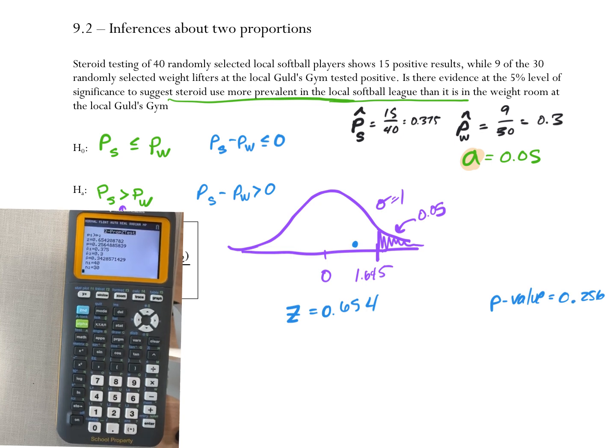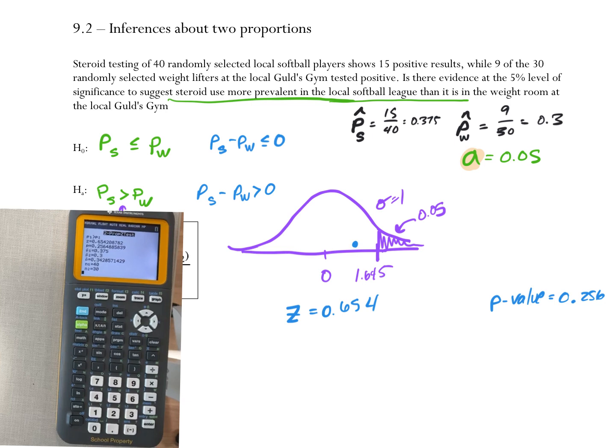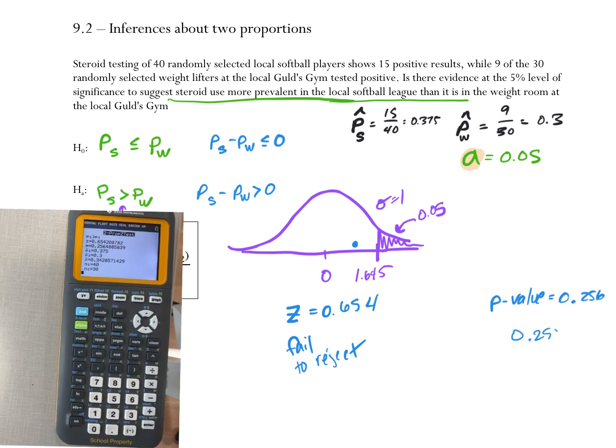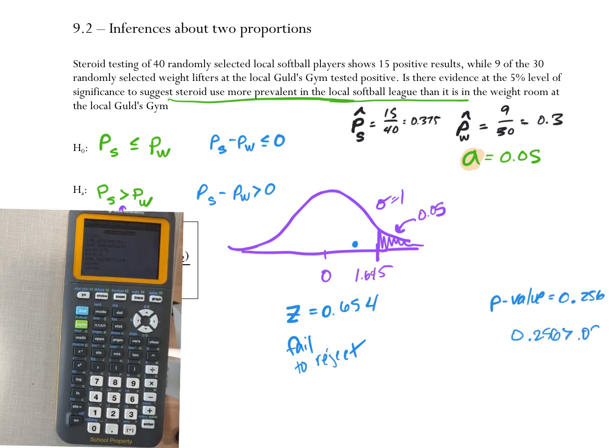You can see it on my calculator. Wait, so are we rejecting or failing to reject? Failing. So this tells us fail to reject because it's not in the region, right? And for this one, my p-value is greater than that alpha value. So this would also tell us to fail to reject. Both are going to come to the same conclusion.